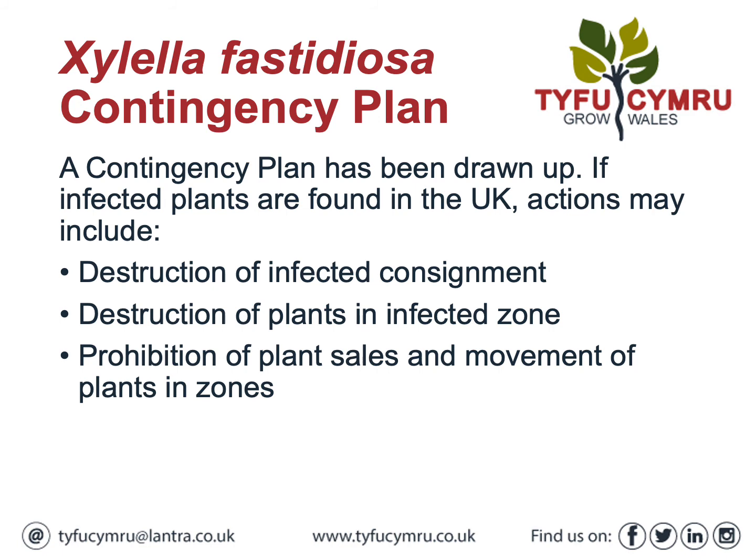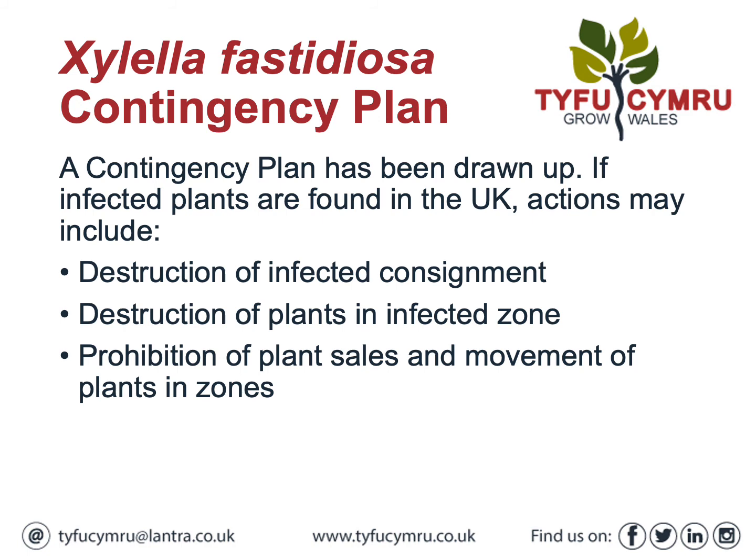The government's taking this pathogen very seriously, so has drawn up a contingency plan. And this contingency plan says that if infected plants are found in the UK, the actions could include the destruction of an infected consignment, which is identified when it's being inspected.